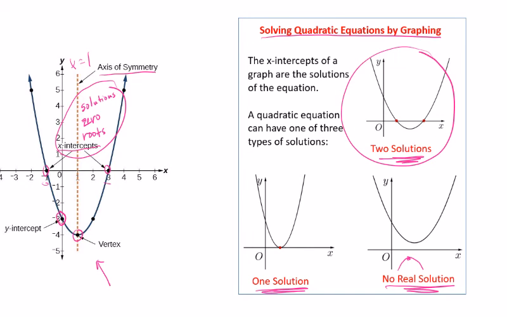Now I want to make one distinction here. This word here, real, no real solution. The reason that distinction is in there is because even if you have a parabola that doesn't cross the x-axis, there are no real numbers that work for that. But we're going to see later on in a couple lessons where we have complex solutions or imaginary solutions.